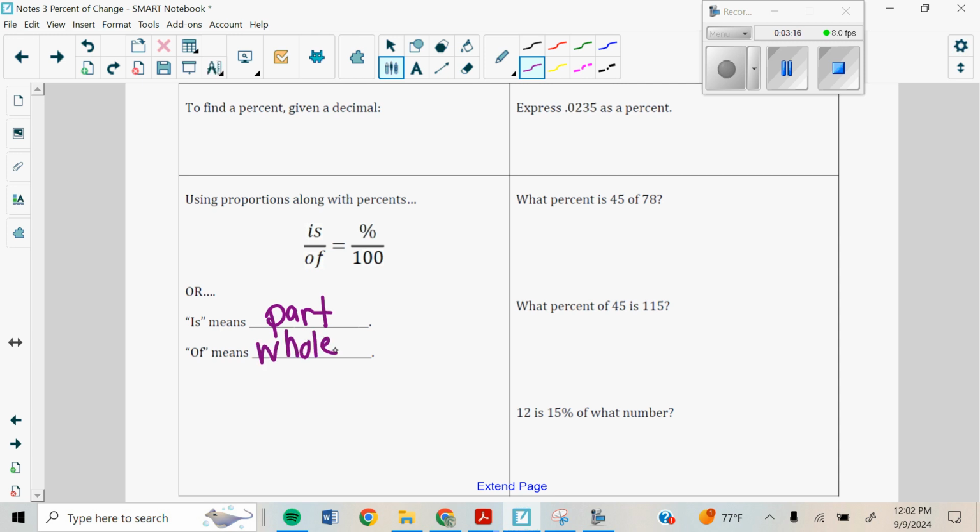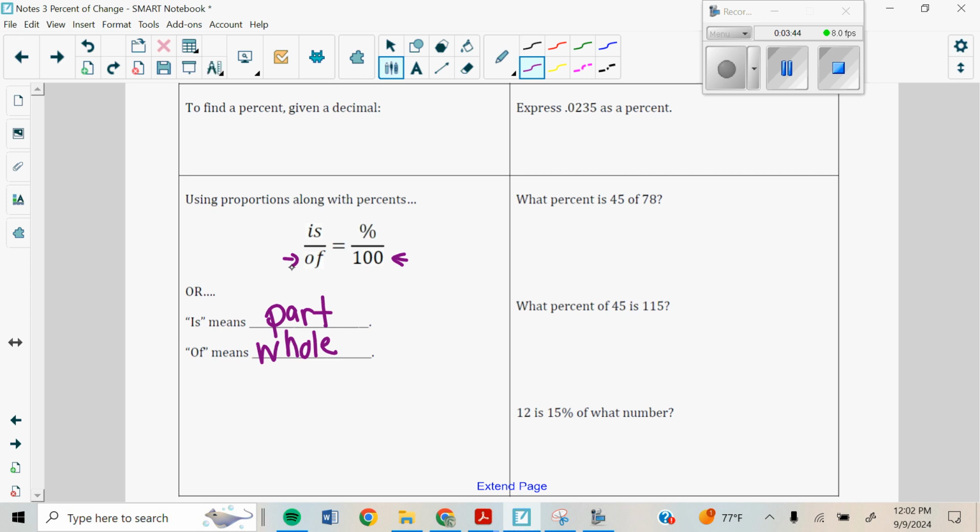And on this side, 100% is your whole. So if "of" is your whole, it's going to match up with the 100. Think back to our 1.2 notes, when we started proportions and had miles per gallon or centimeters per mile. We wanted to match miles with miles, centimeters with centimeters. Same idea here. We're putting the whole piece with the whole piece.